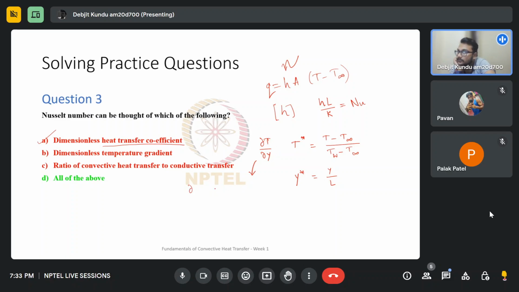Instead of dou T, this would become dou T star multiplied by Tw minus T infinity, and in the denominator, instead of dy, if we write dy star, this becomes L into dy star.